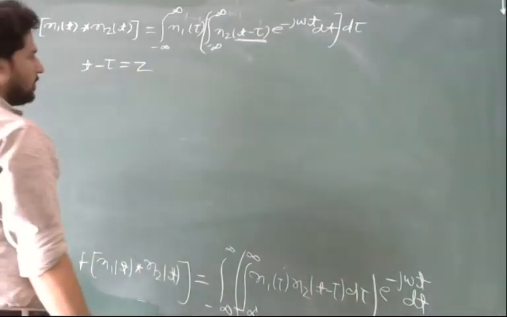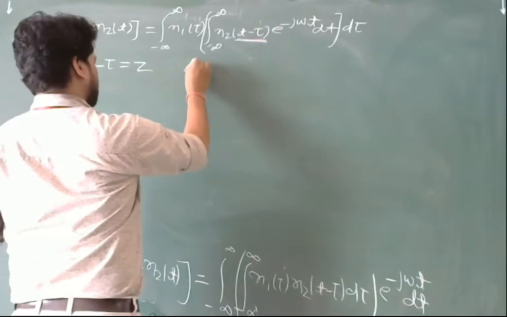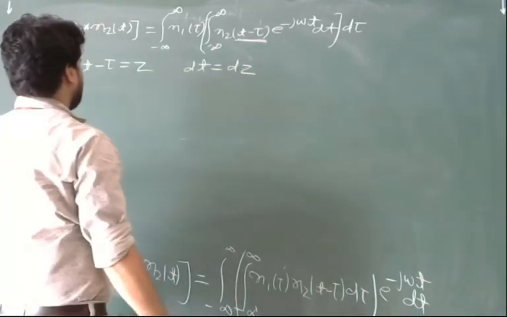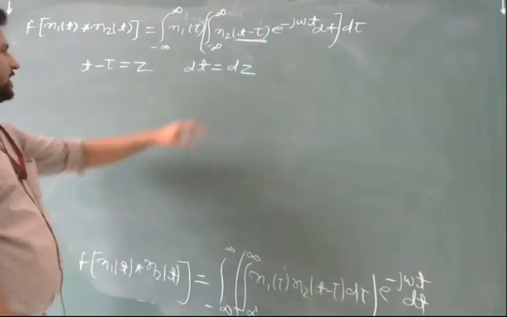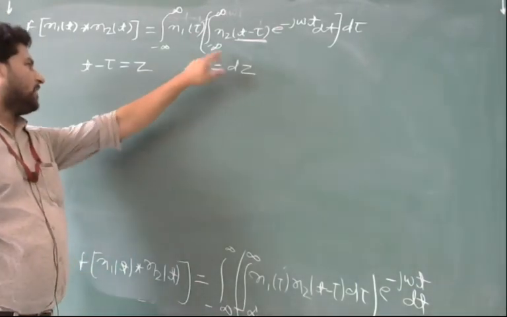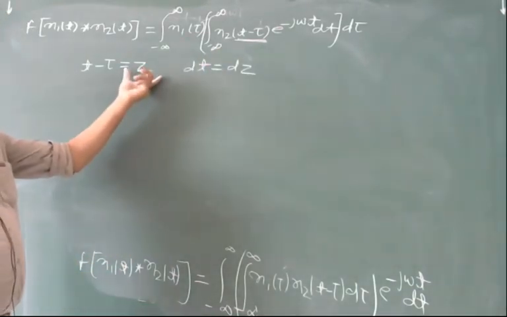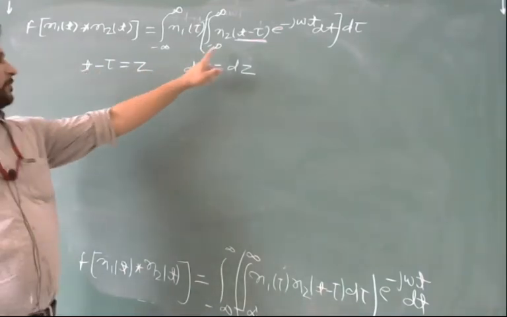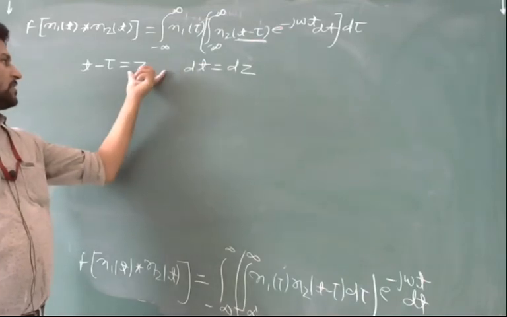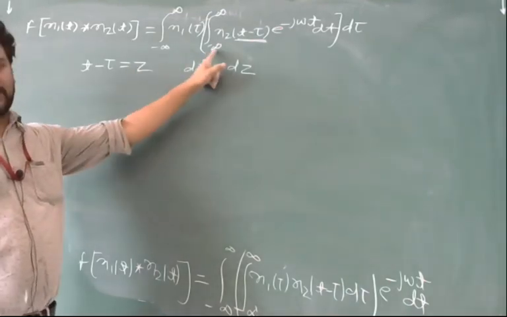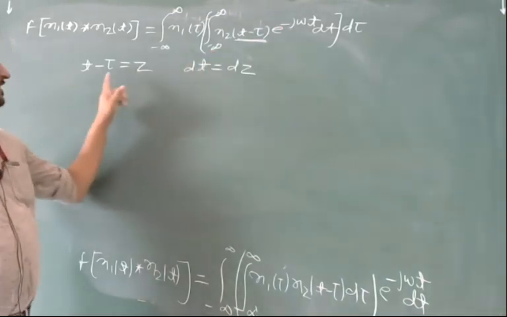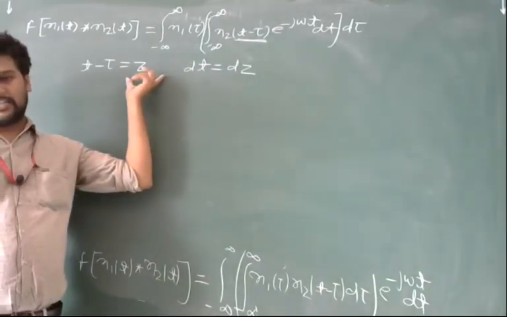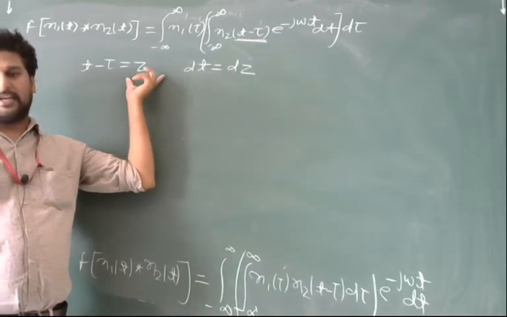Then dt will be equal to dz, and now in this integration the limit will be on z. If t is equal to minus infinity, then z will be equal to minus infinity, and if t is equal to plus infinity, then the limit on z will also be plus infinity.